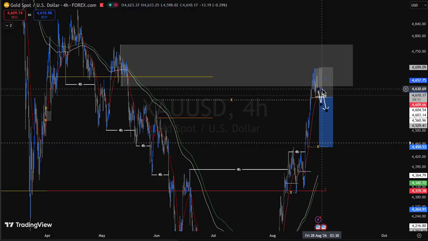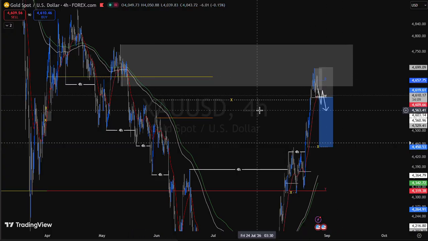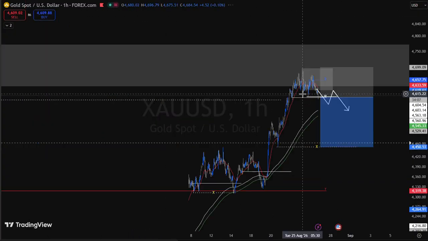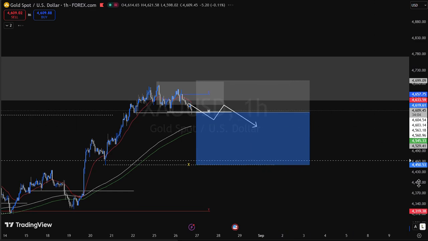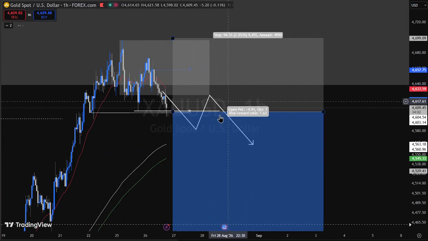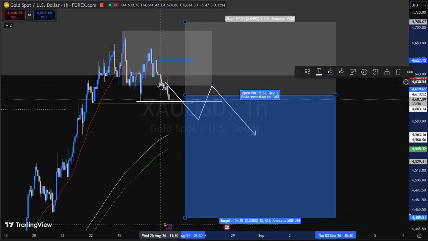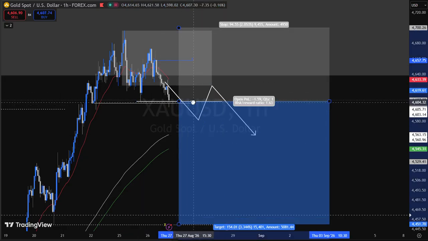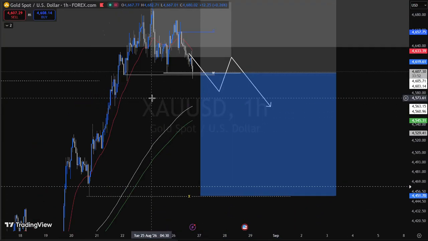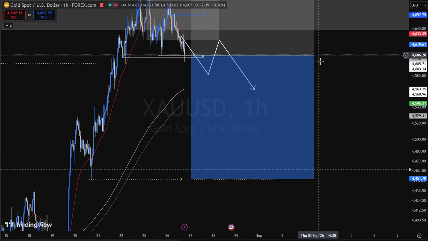Gold tapped into this supply, and after taking this liquidity on the 4 hour, I am expecting gold to move downward from this area after breaking this structure and tapping into this structure supply. Then I would expect some sort of bearishness in gold.